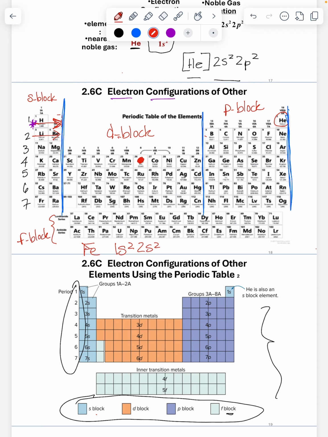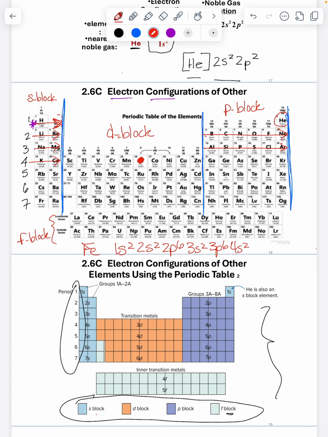That takes us all the way across. So that's 2p, and there are 6 boxes there. Start over at 3s, pass through that. Follow it all the way over to 3p, pass through all of those, 3p6. And then we're at 4s, 4s2.